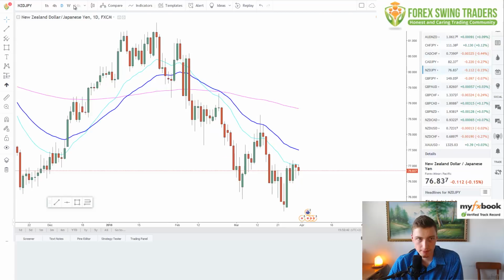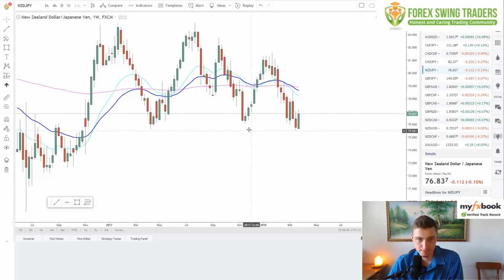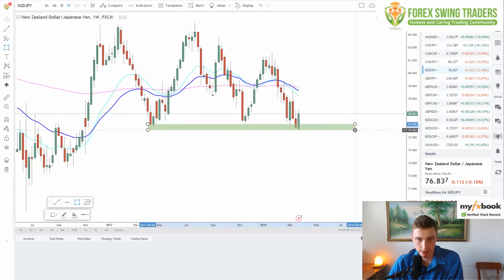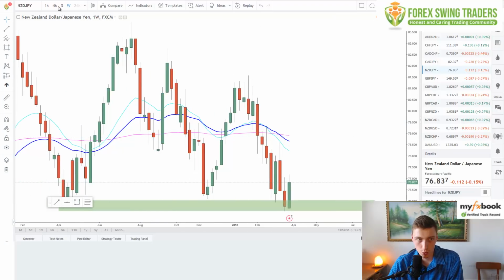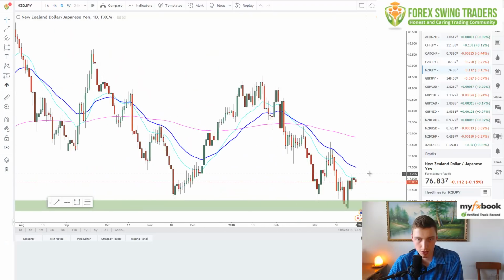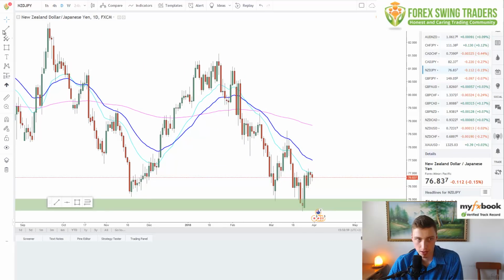New Zealand Yen. Okay, it looks like this support is going to hold. We don't know yet, because daily is still bearish. The confirmation for the trend change will be a break of this trend line to the upside.